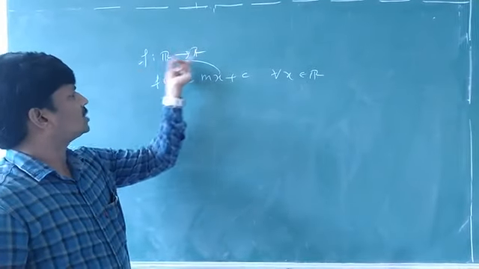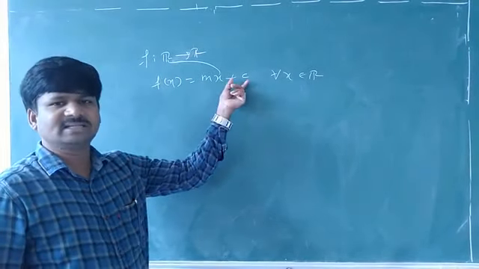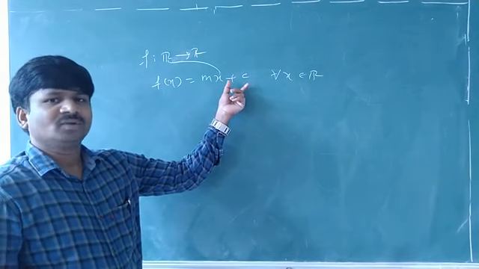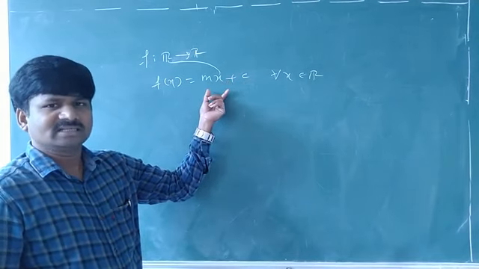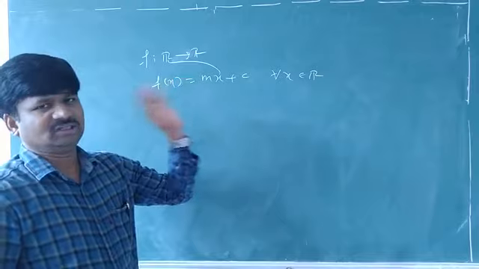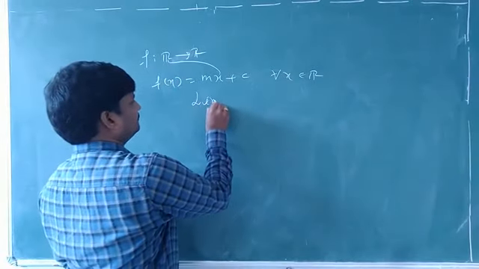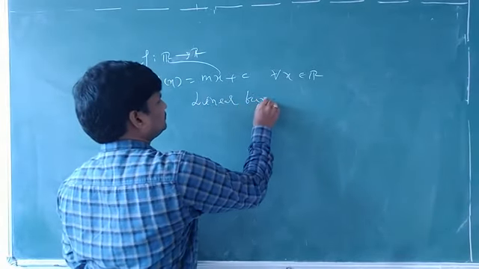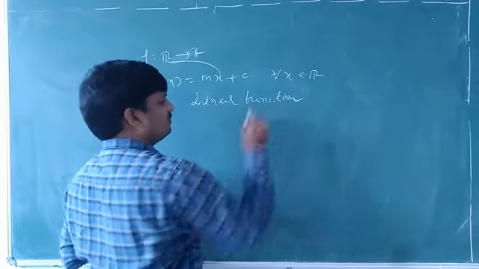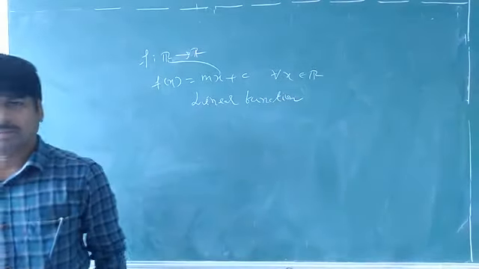A function f from R to R defined by f of x is equal to mx plus c is called a linear function. Understand? Remember this one.